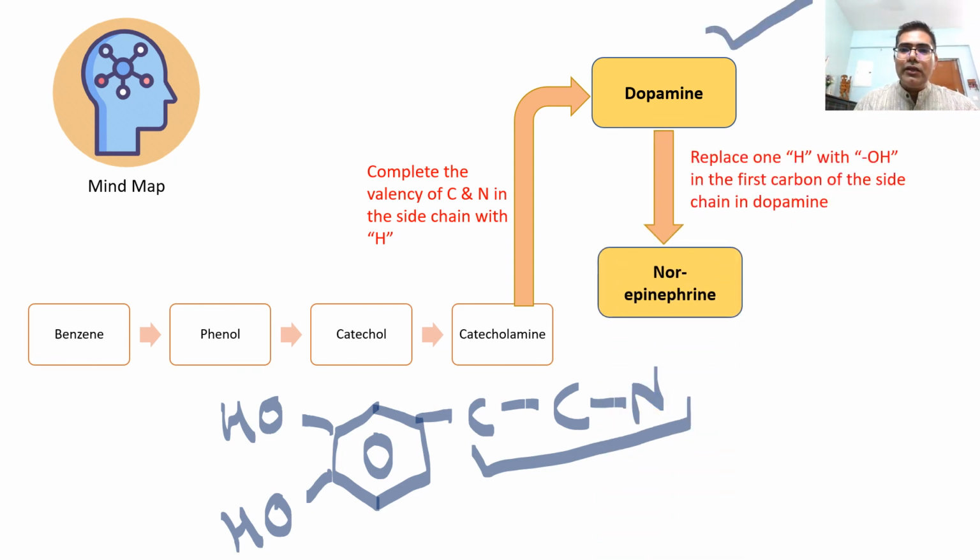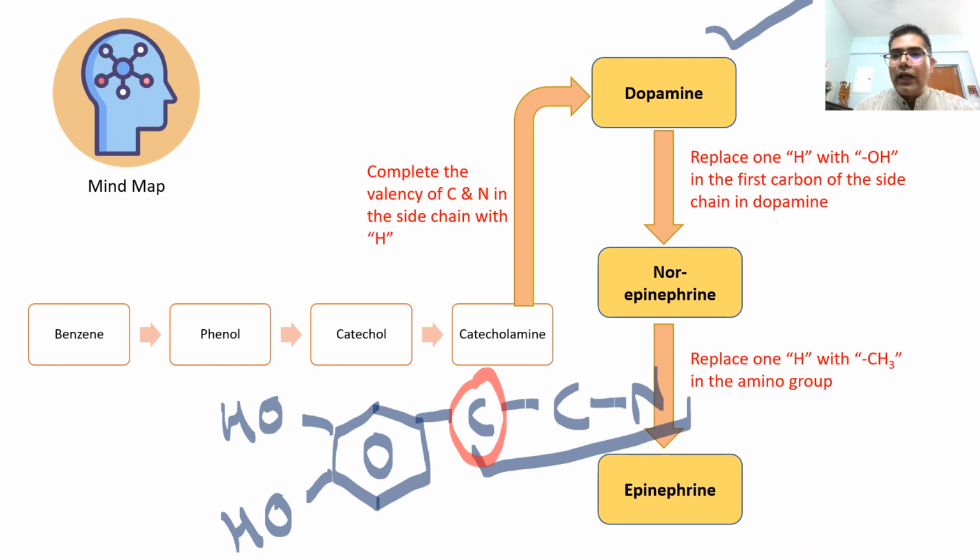From dopamine, you replaced 1 hydrogen with OH in the first carbon, and you got the structure of norepinephrine. In the norepinephrine, the N has 2 H, so 1 H is replaced by a CH3 group to make the structure of epinephrine.